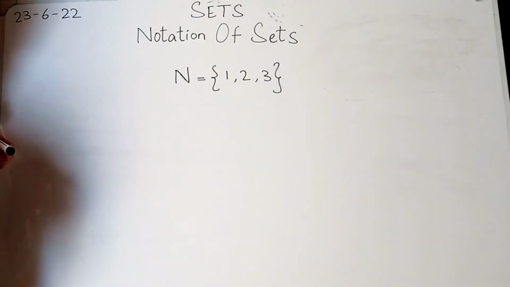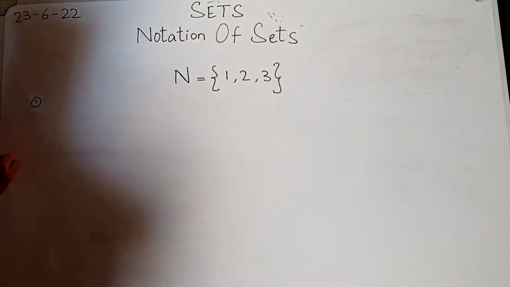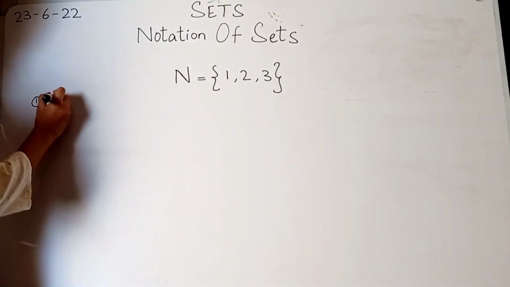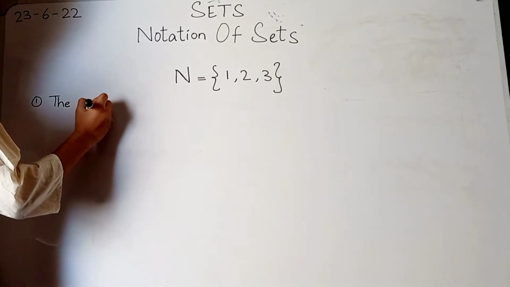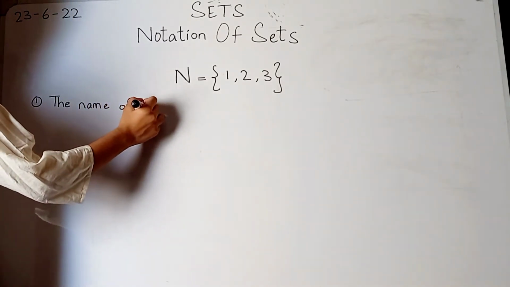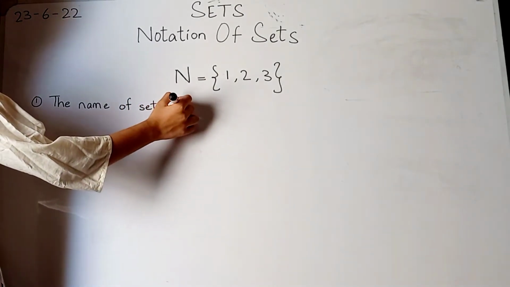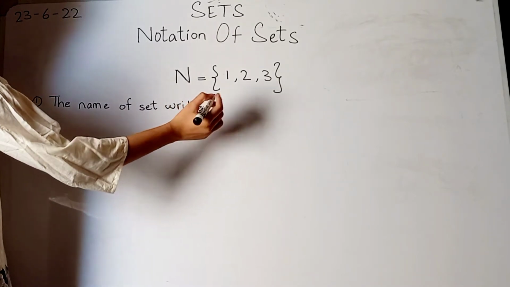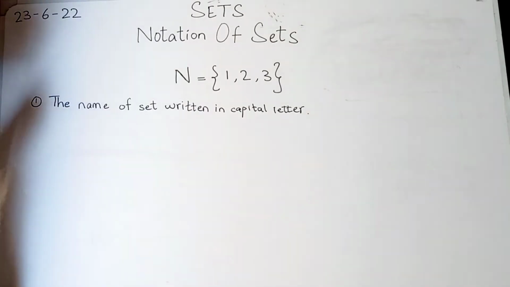The first notation of set says that the name of set is written in capital letter.